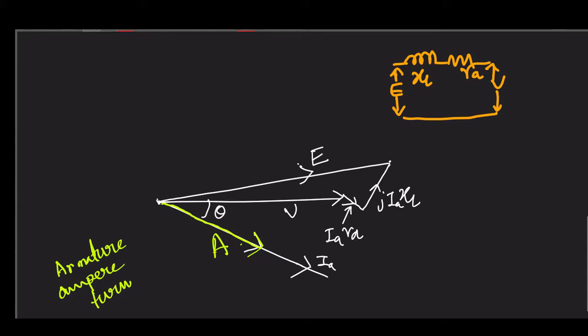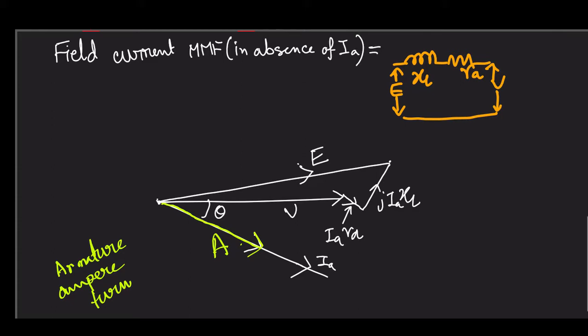If your field current is constant, then this F naught is constant.